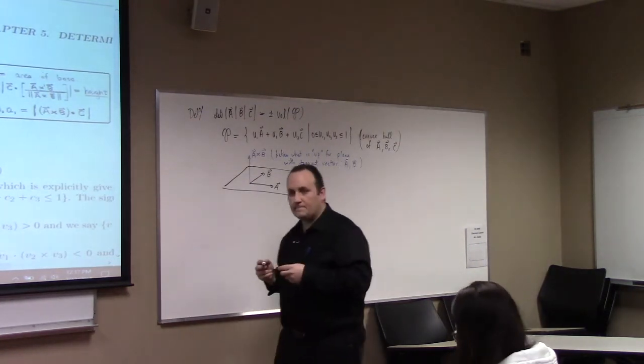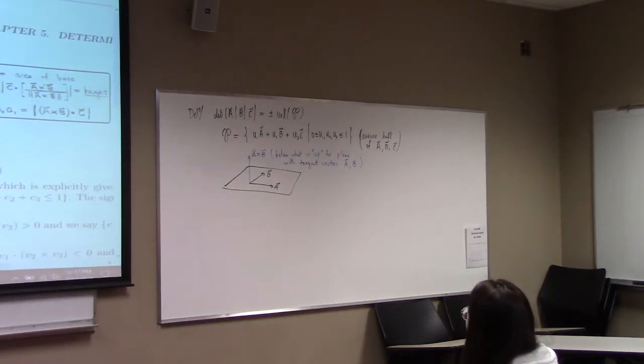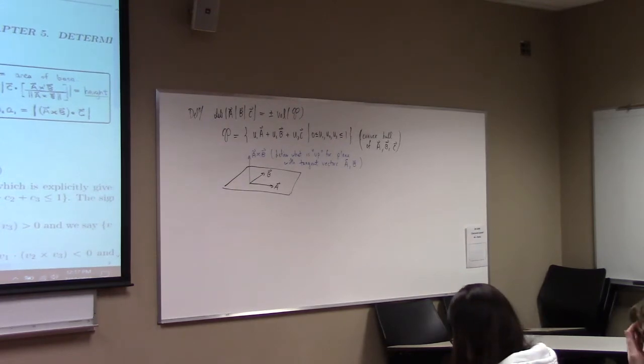All right? So the triple product. When you look at the determinant of A, B, C, it's going to be positive, and it's actually going to describe the volume of this parallelepiped if C is where?